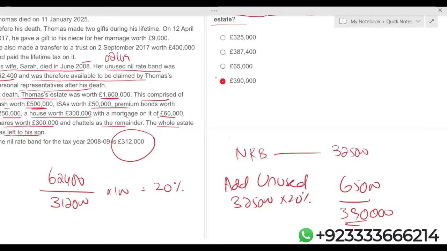So since nothing was highlighted here regarding residence nil rate band, we did not go for that. And you can see the choices also. Even if you go for that, you won't be able to get any answer out of these four. But it is mentioned in the Kaplan book that in taxation, if residence nil rate band is available, then it will be mentioned in the question.